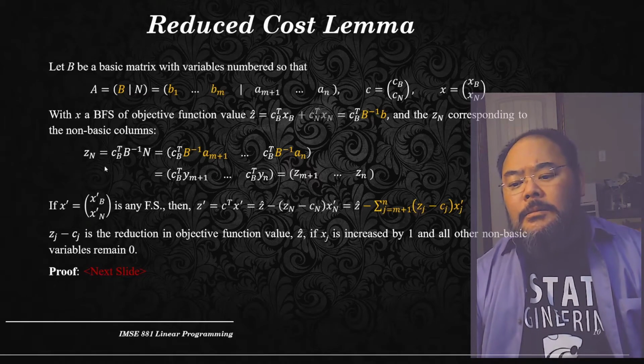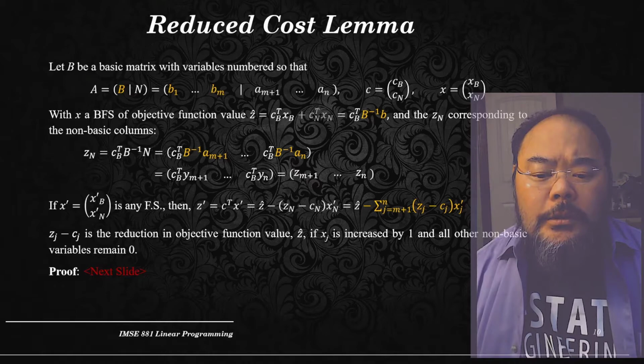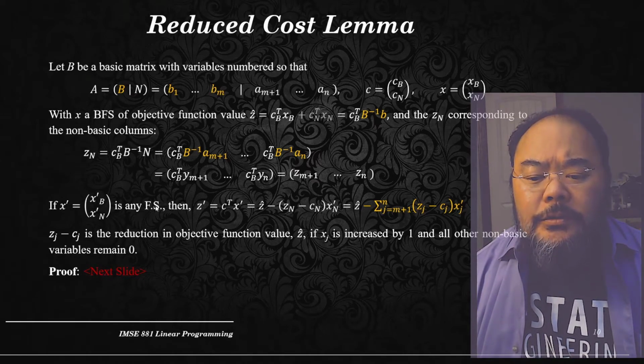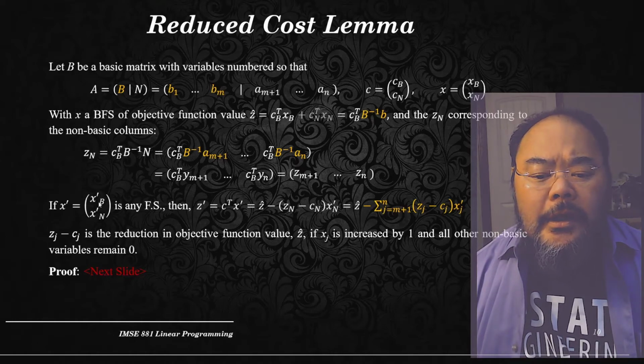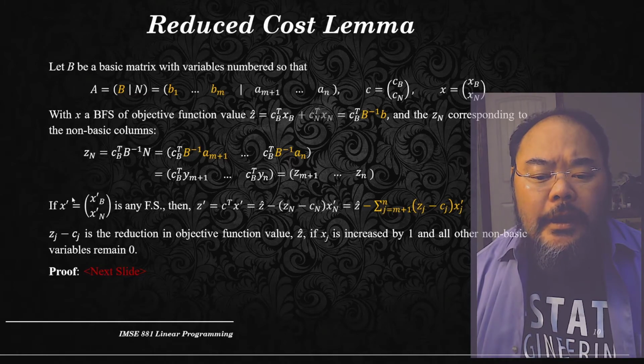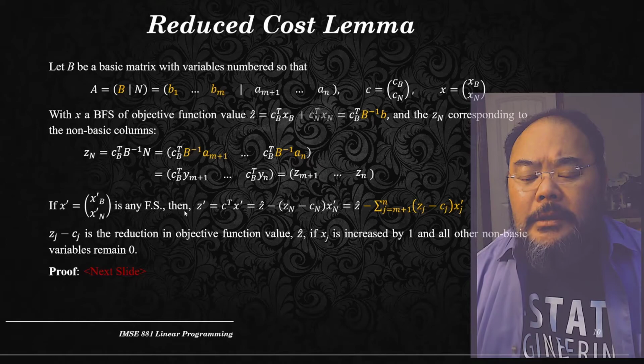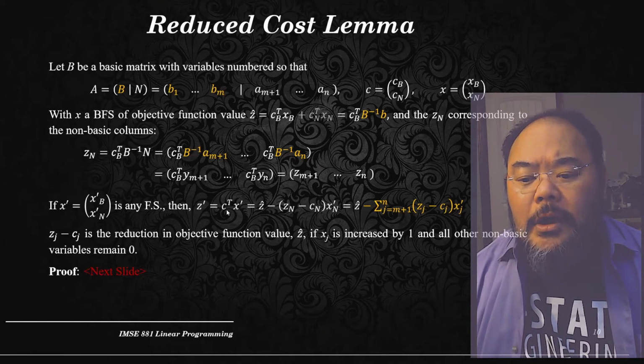So if we want to find an x prime, which is any other feasible solution, then we can calculate a z prime, which is a new objective function, since x prime is a different solution from x. Look at the z prime.